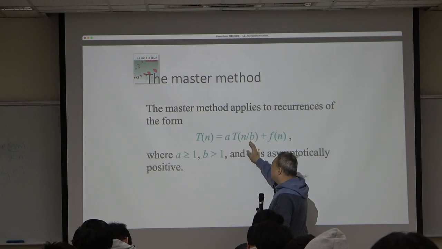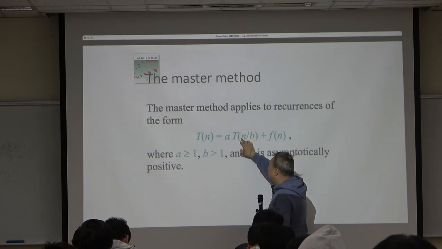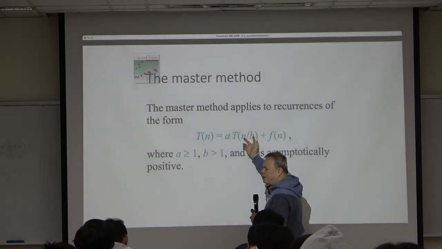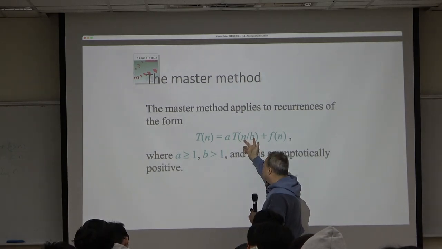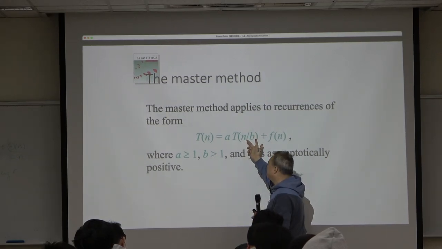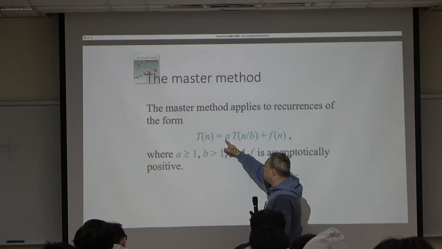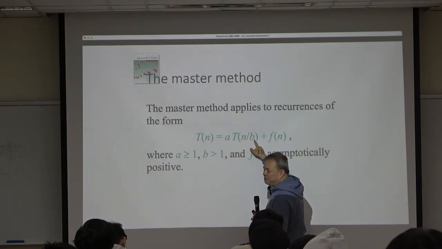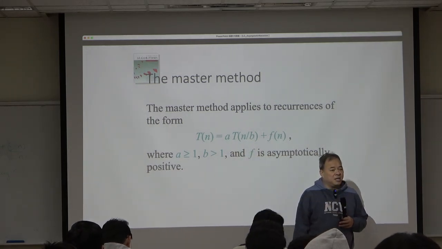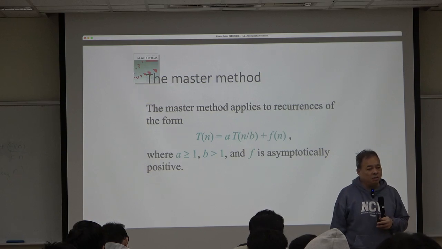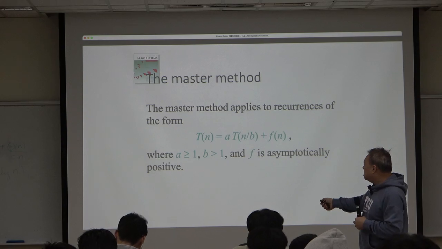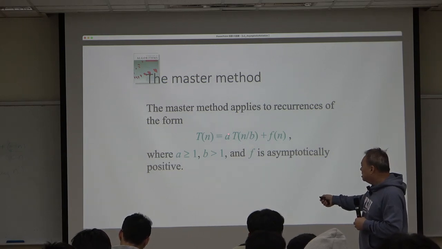So you have this size of subproblems, and if you have to solve every such subproblem, then of course you'll have b times T(n/b). But sometimes you don't need to solve every one, so this a could be smaller than b.